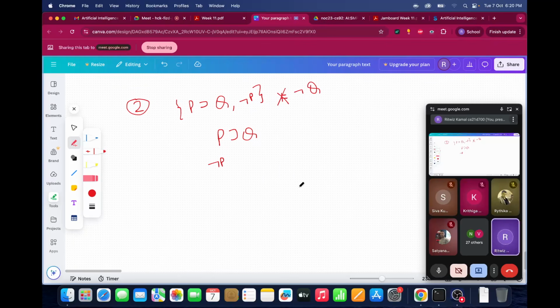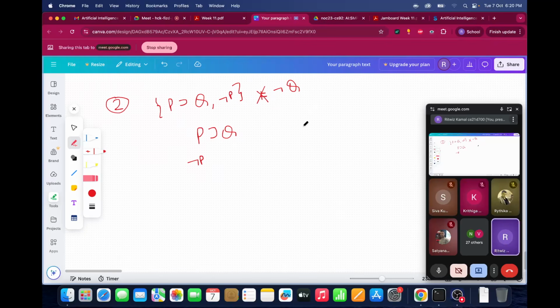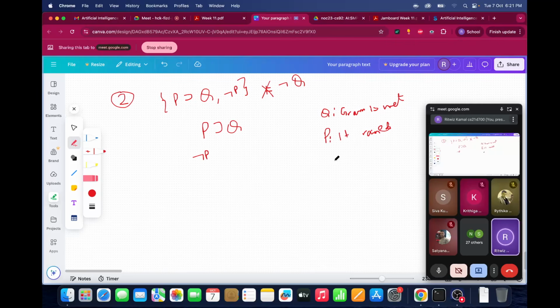I'll give you an example. Let's say Q represents grass is wet, and P represents it rained. If we were given that it rained, we can definitely say that the grass will be wet.